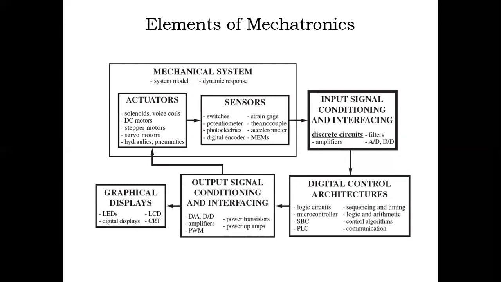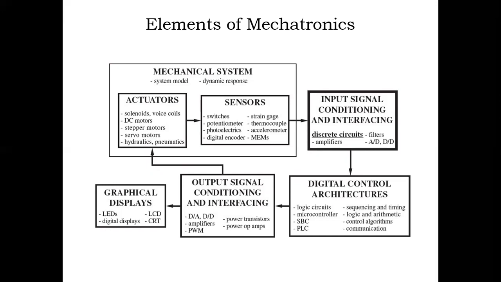Examples of actuators are solenoids, voice coils, DC motors, stepper motors, servo motors, hydraulics and pneumatics. For sensors: switches, potentiometers, photoelectrics, digital encoders, strain gauges, thermocouples, accelerometers, and MEMS. So these are the mechanical systems used.